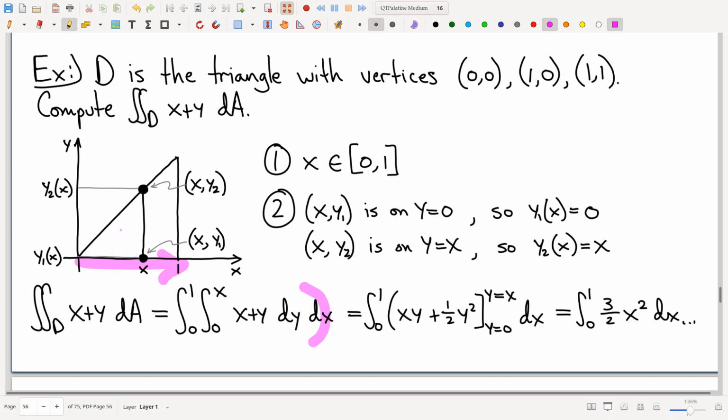X pretty clearly starts there, where x is pretty clearly 0. It's the origin after all. And then we're going to end, that's our last slice, where x is pretty clearly 1. Outside bounds very often are just clear by inspection of the picture. That's convenient. Where we have to rely on the method is finding the inside bound.